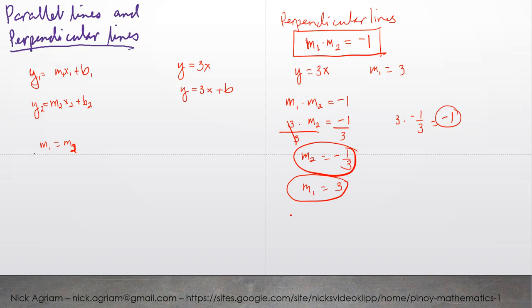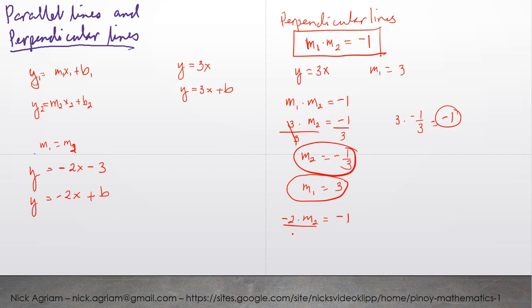So for example, if I have y is equal to negative 2x minus 3, then to find a parallel line to this, I need y is equal to negative 2x plus b. Doesn't matter b. How about the perpendicular line to this? I have negative 2 multiplied by m sub 2 is equal to negative 1.